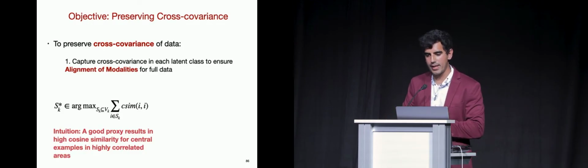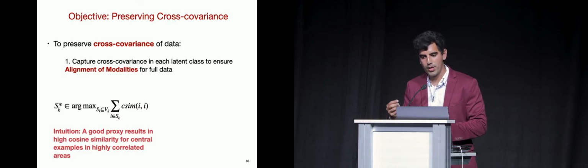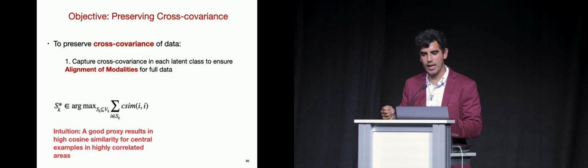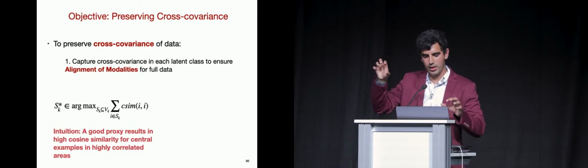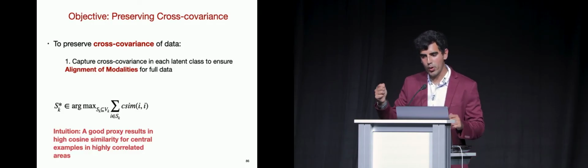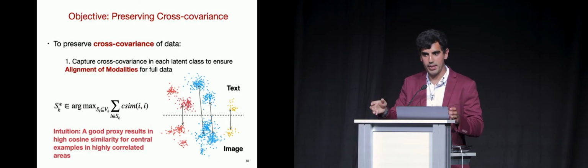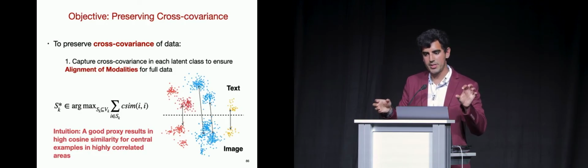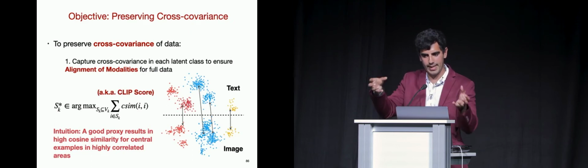The intuition behind this is that a good proxy model will result in high cosine similarity for these most central examples in different subgroups. So essentially what we're doing here is measuring the cross-modal similarity of an example to itself. So it's the cosine similarity of the image representation and the caption representation of a pair itself.